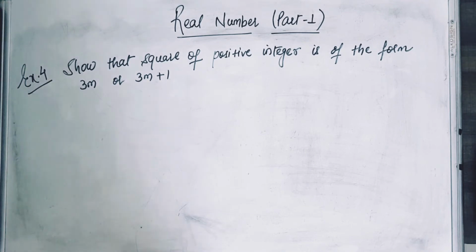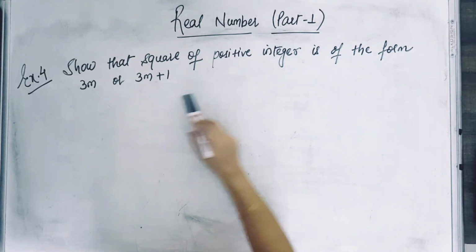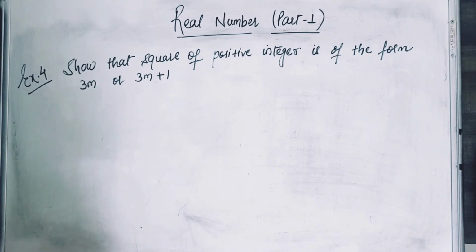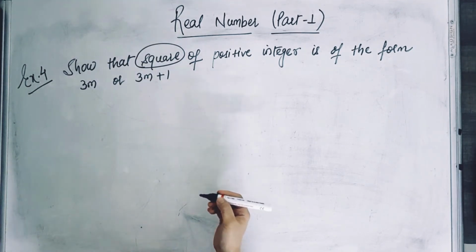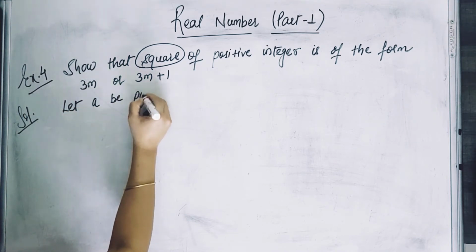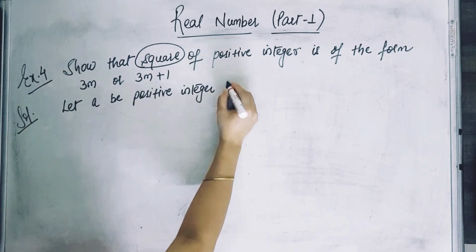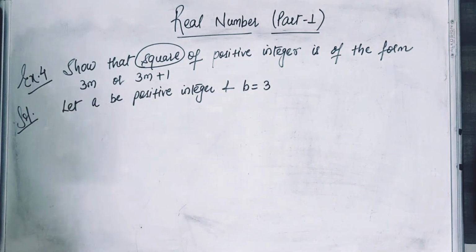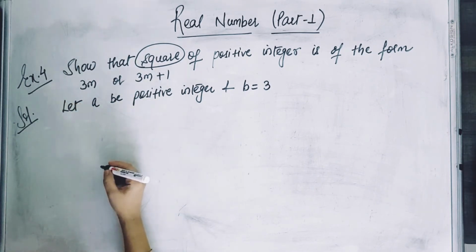So now the question is: show that the square of a positive integer is of the form 3m or 3m plus 1. See what the difference is here? They have told square, square of a positive integer. Now see what we'll assume here. We'll assume let a be a positive integer, and obviously here b is equal to 3, because in the question they have mentioned it should be of the form 3m or 3m plus 1.